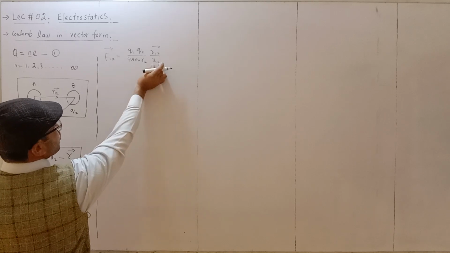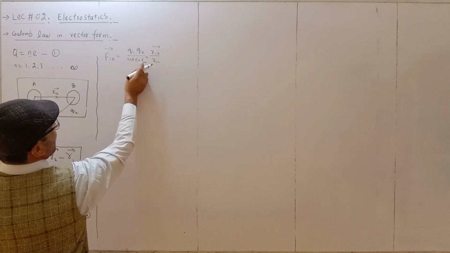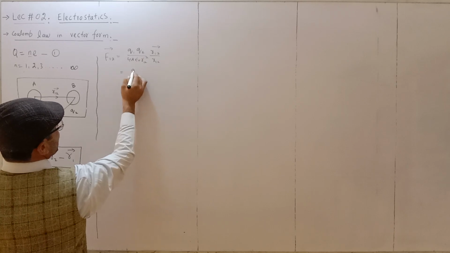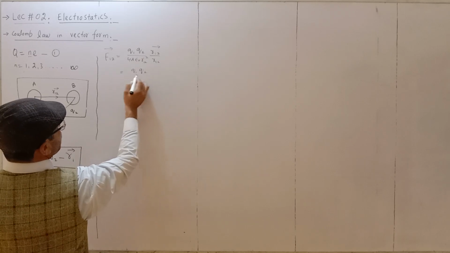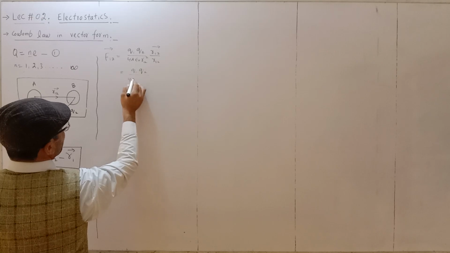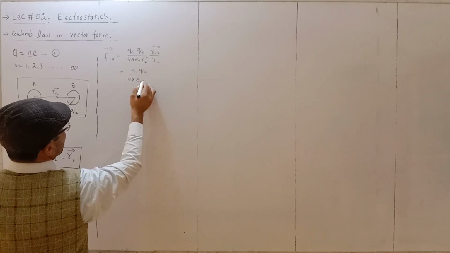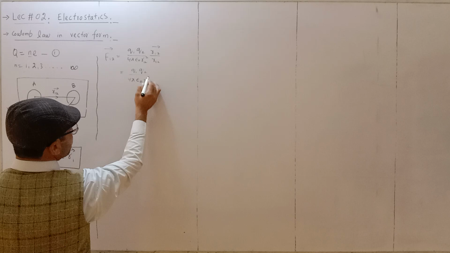When this magnitude is multiplied with R square, it becomes Q1 Q2 divided by 4 pi epsilon R12 cubed.